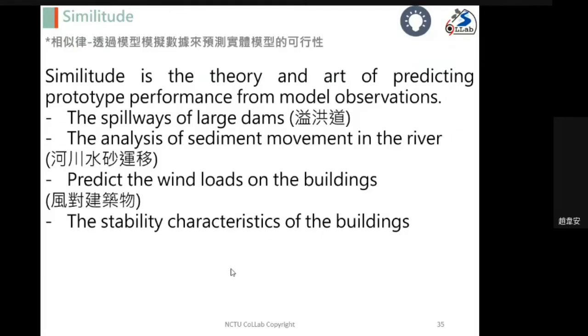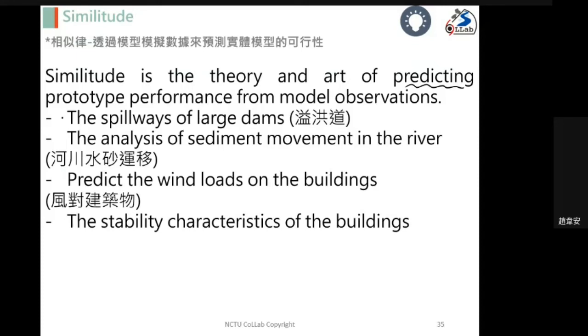So after we introduce the 7 pi groups usually used in hydraulic problems, the slide showing here tells you that similitude is the theory and the art of predicting the prototype performance from model observations.